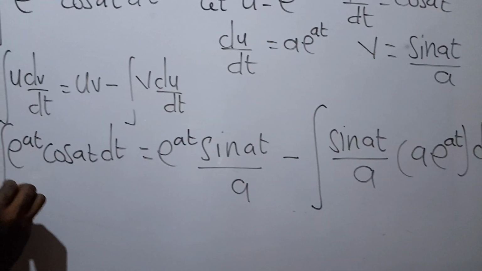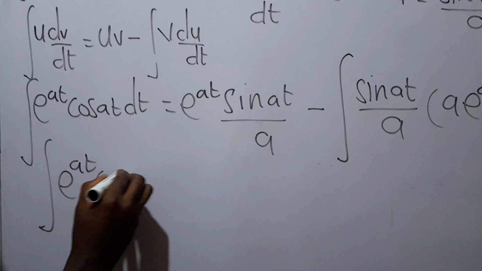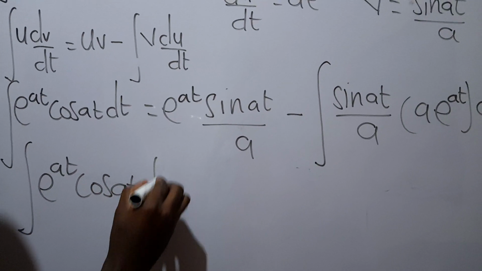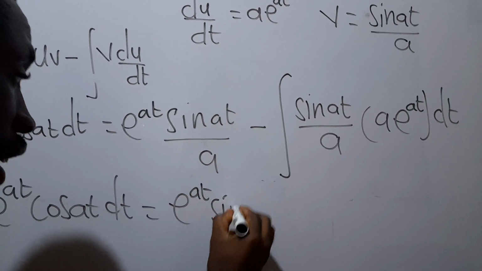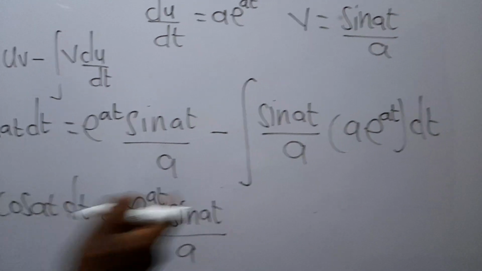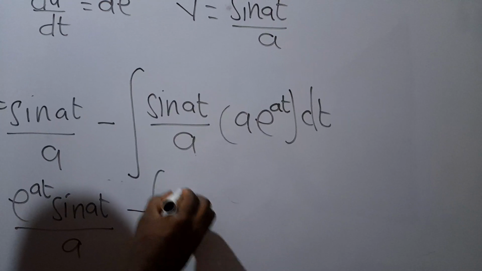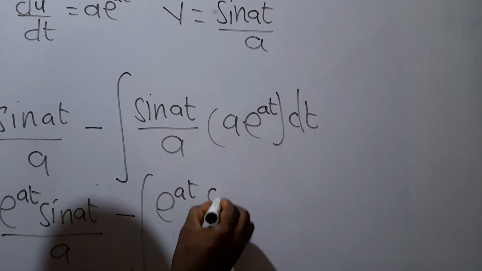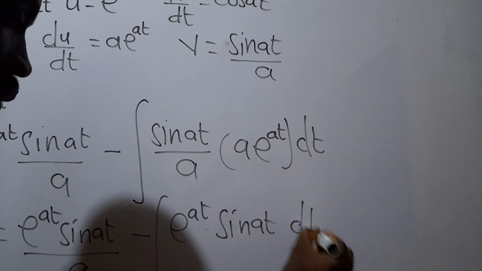Now we'll polish this further. We'll get the integral of e^(at) cos(at) dt equal to e^(at) sin(at) over a. Then this a will divide that a. So we get minus the integral of e^(at) sin(at) dt.